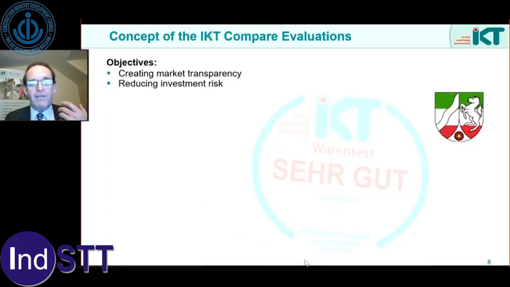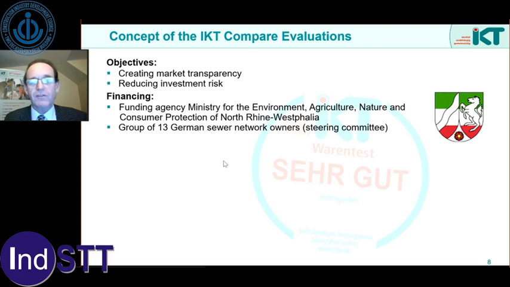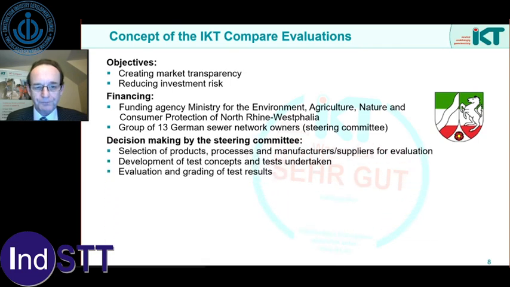So what did we do with our evaluation? Its objectives, and the objectives of all of these evaluations we do, are to create market transparency, to reduce the investment risk for the sewer pipe owner who wants to commission the pipe and use this material. The project we undertook was funded by the Ministry for Environment in North Rhine-Westphalia, which is Germany's largest state, Länder, and also by a group of 13 German sewer network owners, and they formed the steering group for the project.